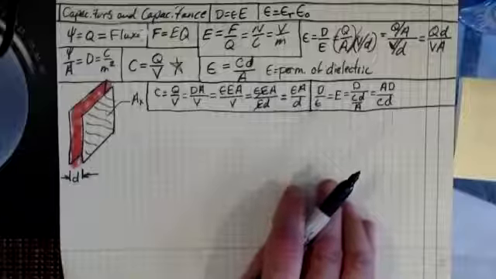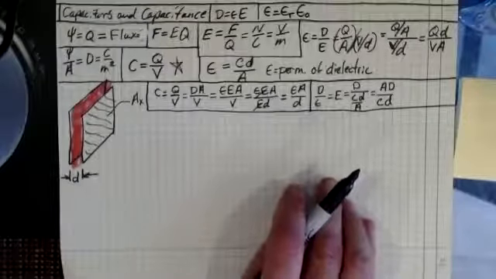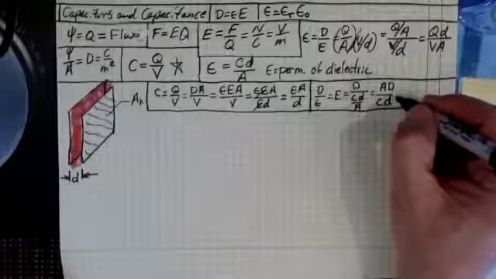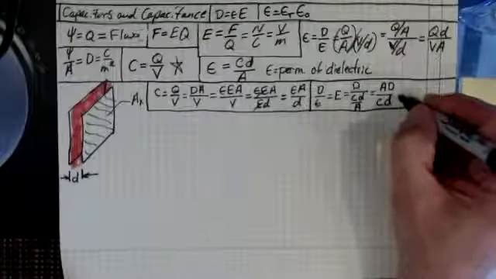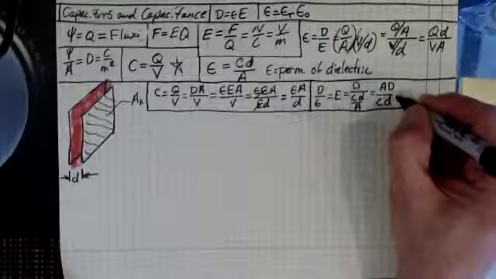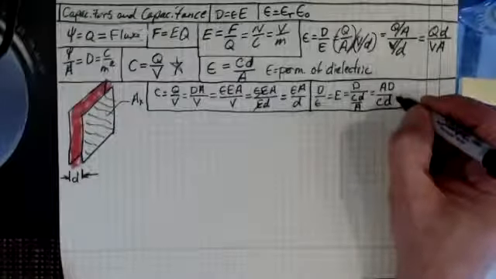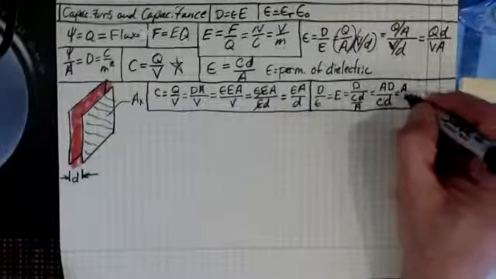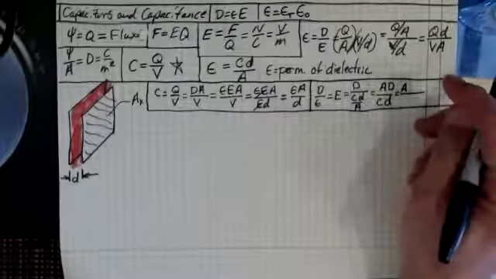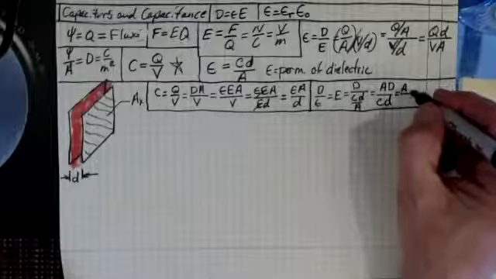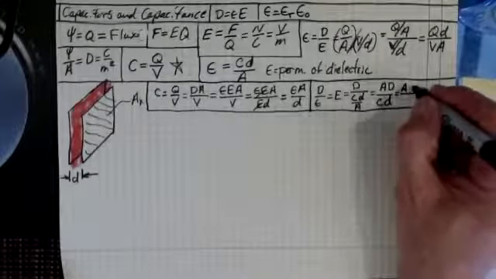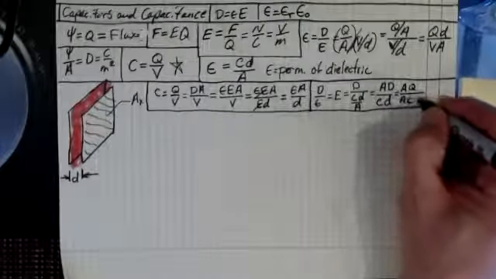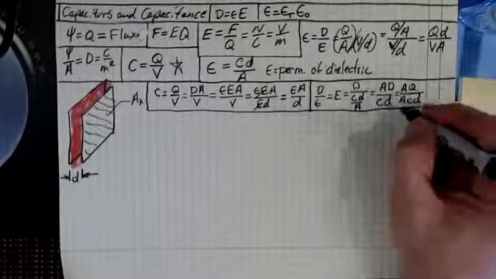When we say that I've got D, isn't D really just Q over A?